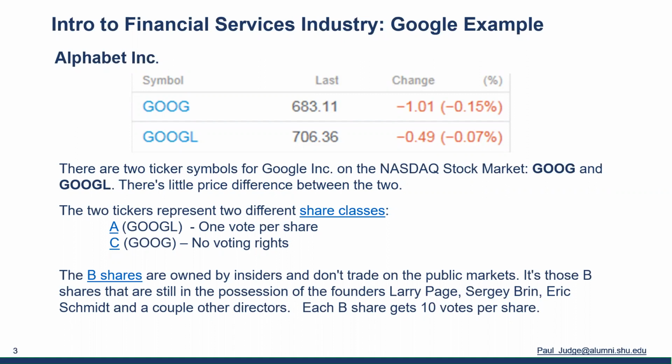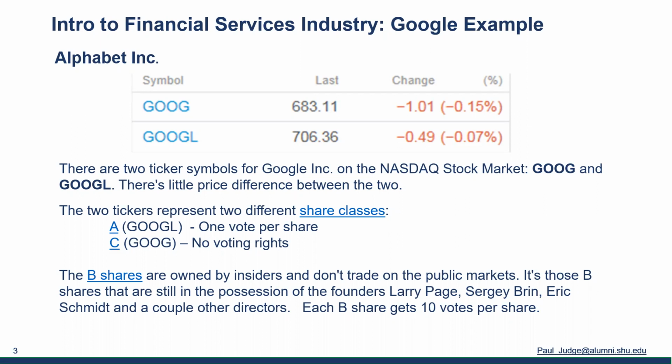So the issuer of the stock was Google, and they changed the name of the company. So now the issuer is Alphabet. So Google is still the stock, it's still traded, but the issuer, which is the company, is now named Alphabet. So that was a corporate action where the name of the company changed.